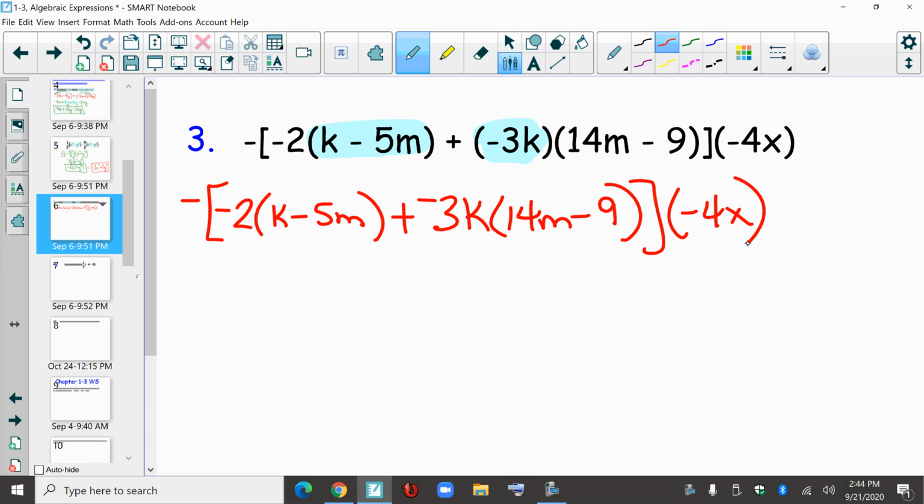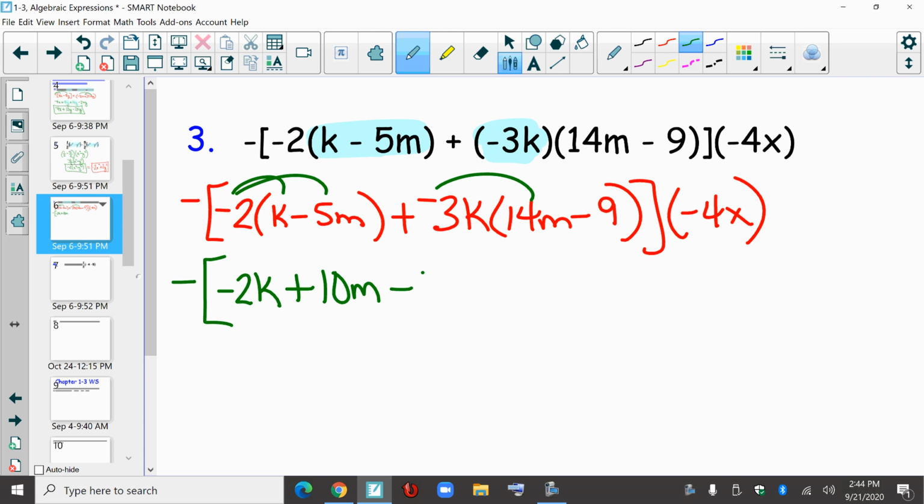So now, what we're going to do is distribute inside the brackets. So I drop down the negative, and I distribute the negative 2 to give me negative 2k plus 10m. Go to the second parenthesis. And I'm going to take negative 3 times 14 to give me negative 42km plus negative 3 times negative 9 is a positive 27k.